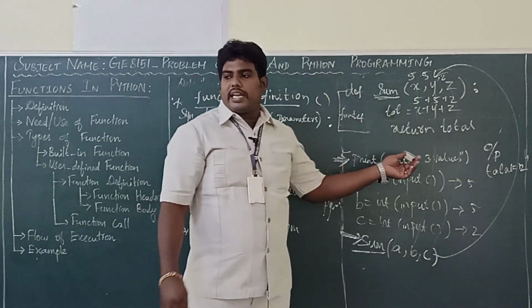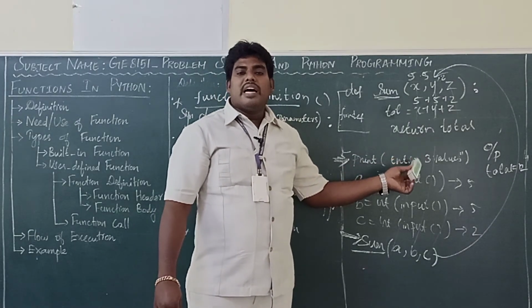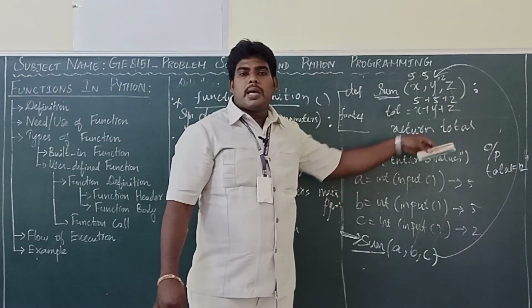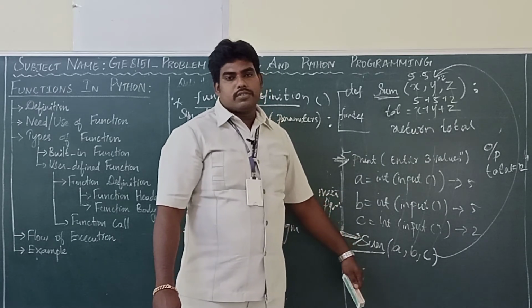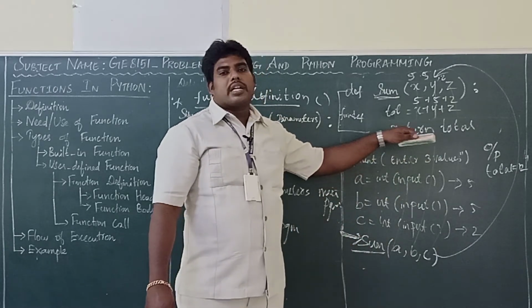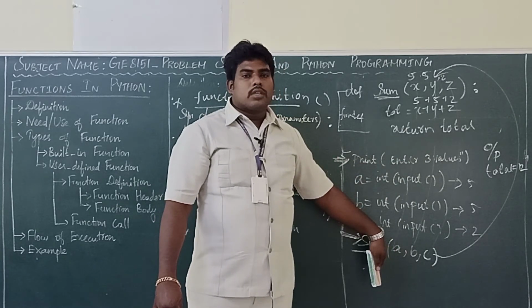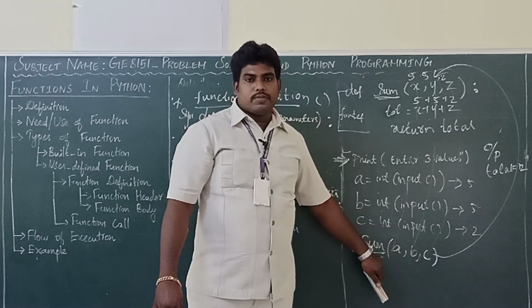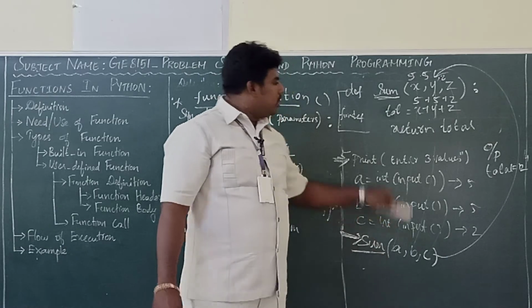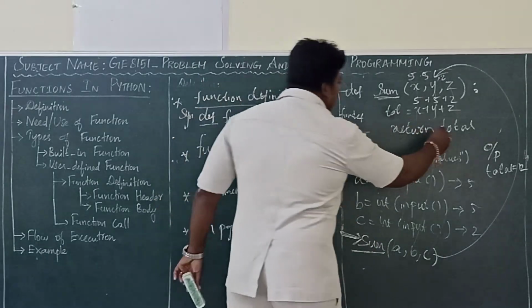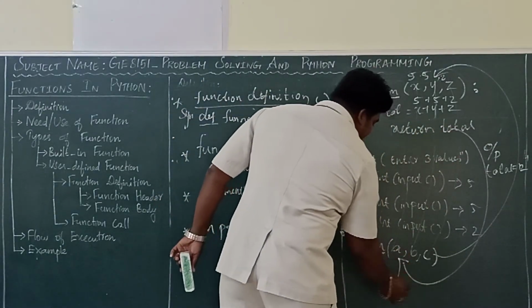What will happen? Return is used to return the answer back to the calling function, where the function is called here, right? So here the total answer will be returned back here, 12.